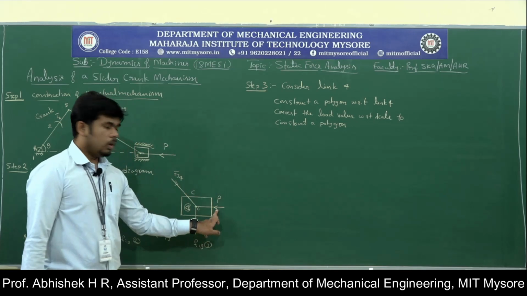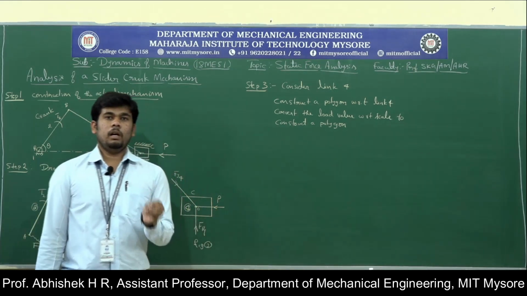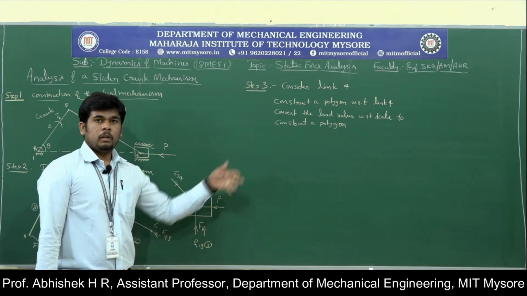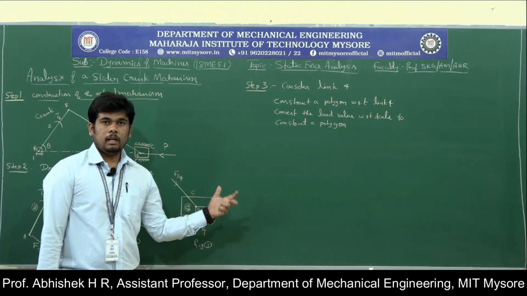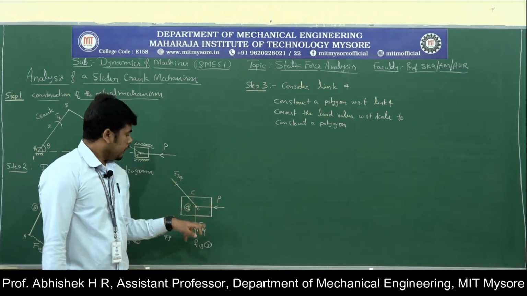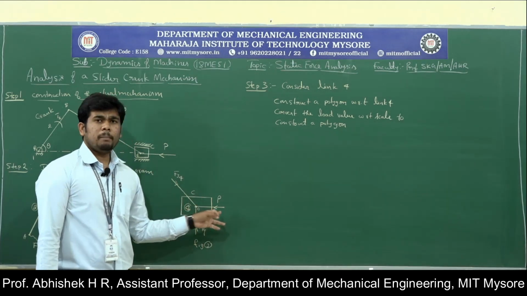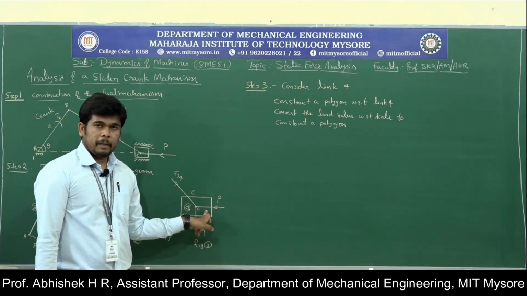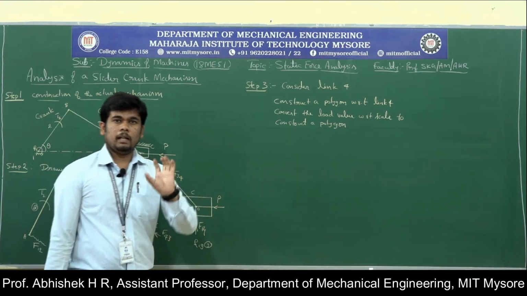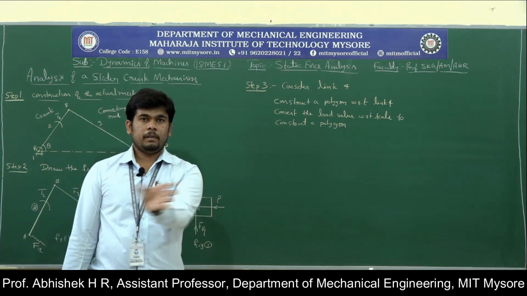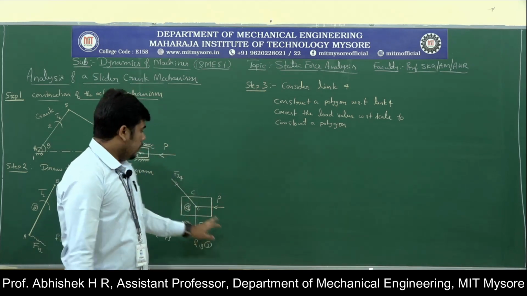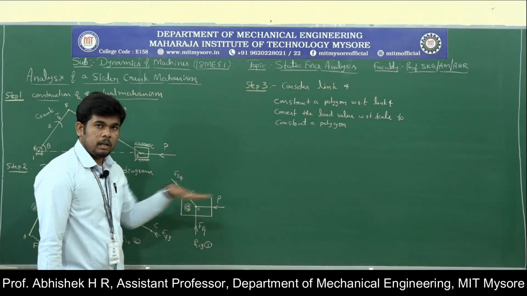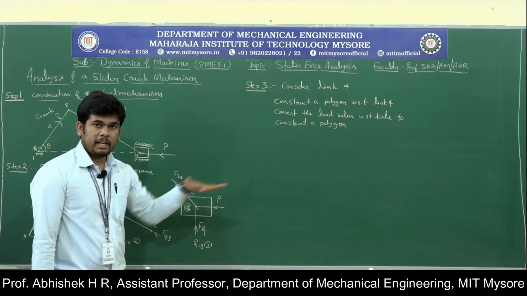The load value will be given in the problem statement itself. So using that load value, I will start the construction of the polygon. For example, it may be 100 Newton, 200 Newton, like that. By using that 100 Newton, I'll convert the scale, like 1 centimeter is equal to so and so. The load is acting along the x-axis, in a straight line.